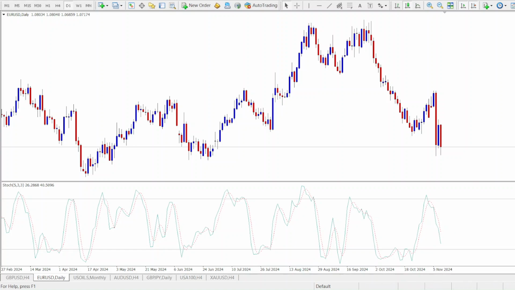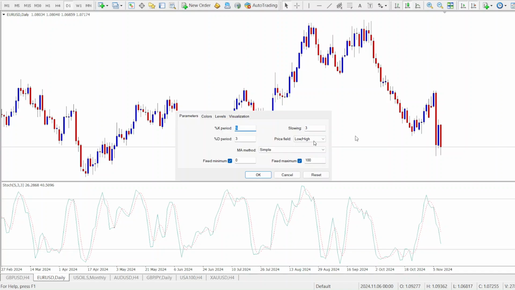Unlike other indicators that focus on price movement or volume, the stochastic focuses on the closing price in relation to the high-low range. We can see the price field is set to low-high. This can give you a clearer picture of whether a price is reaching its extreme levels, signaling potential for a reversal or continuation.